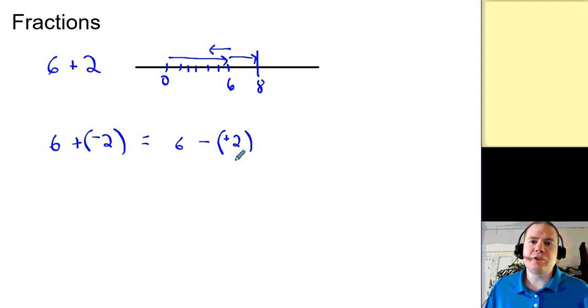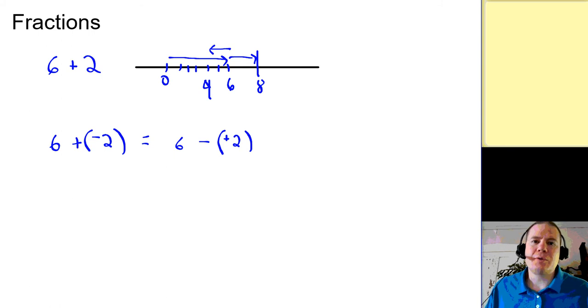When we first start moving backwards, counting down, we don't introduce negative numbers. We introduce a new operation called subtraction. That means move the other way. So the other way from positive is negative, so I'm moving backwards. That gets me to 4 here. 6 plus negative 2 is the same as 6 minus 2. I have a new kind of number here that lets me use the original operation.